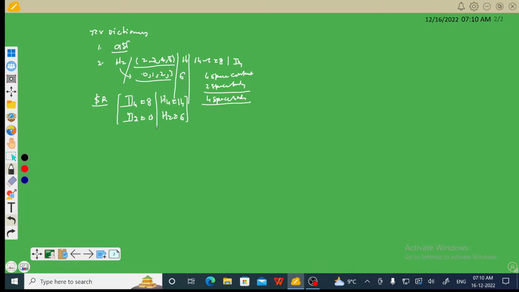It is the basic formulation which will take us from creator's space, that is H4, to four space content, and also to its dimension, and here D2 as 0 playing the role of an identity.